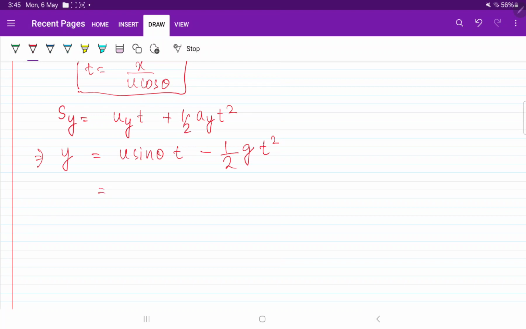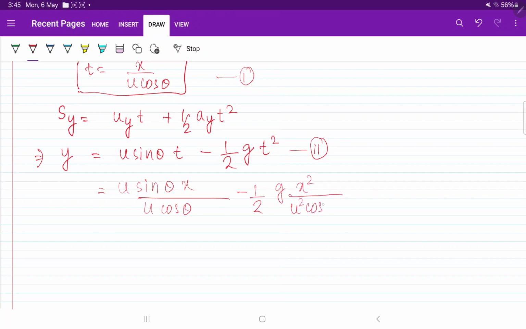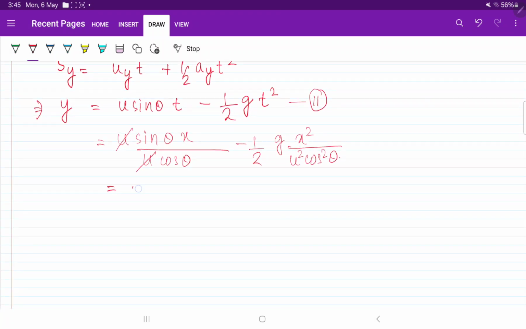So simply we can put the value of t from equation 1 into equation 2. So this becomes u sin theta into x by u cos theta minus half g x square by u square cos square theta. So u has gone, and this will be x tan theta minus half g x square by u square cos square theta.